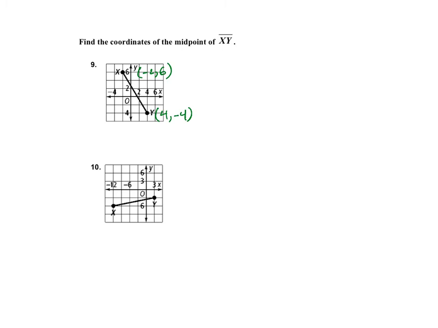So my midpoint is negative 2 plus 4 divided by 2, and 6 plus negative 4 divided by 2. Let me rewrite this. Okay, so this is 2 divided by 2, 2 divided by 2. So my midpoint is 1, 1.